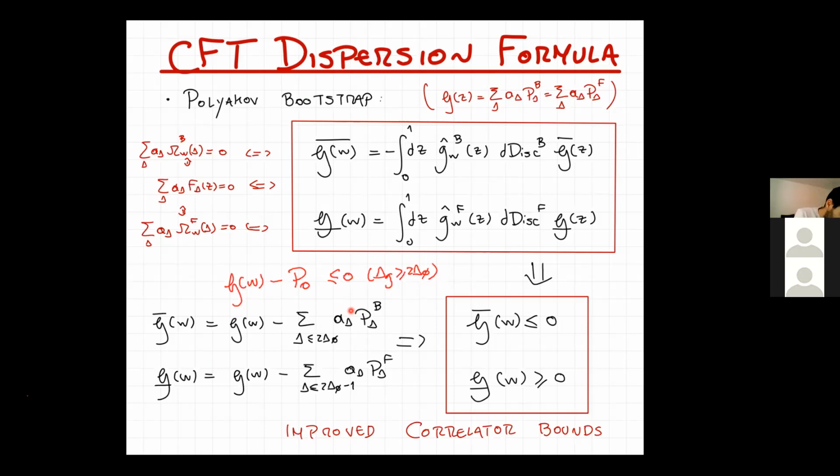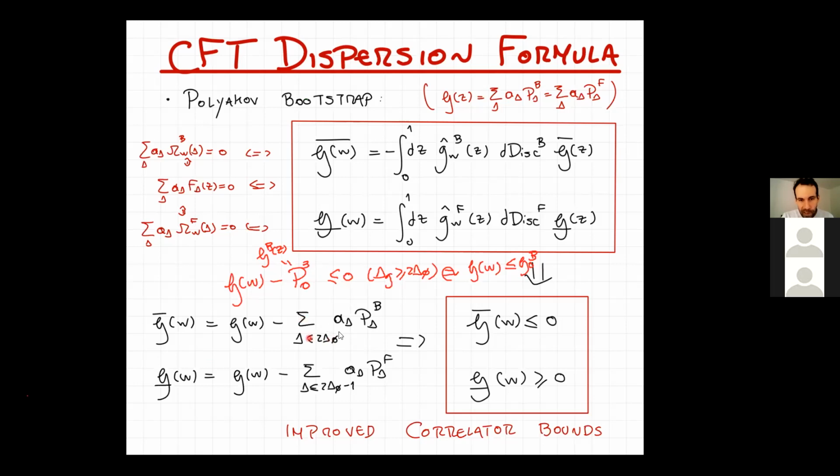But this is the same as GW is smaller or equal than the bosonic correlator, because P0b is the same as GB of Z. So this bound is just an improved version of the upper bound that I wrote.